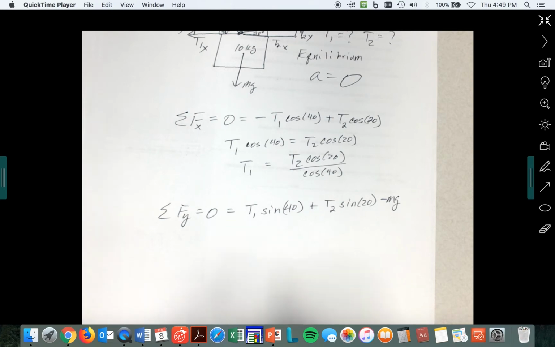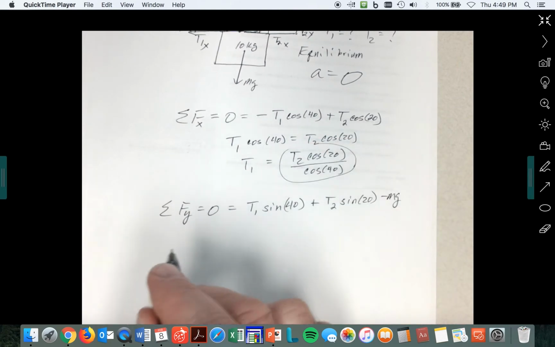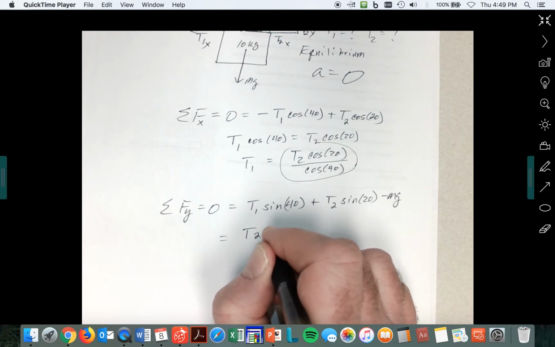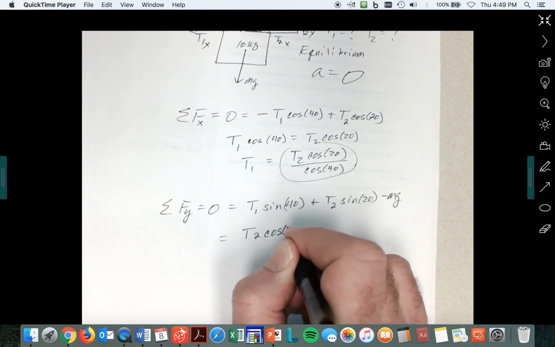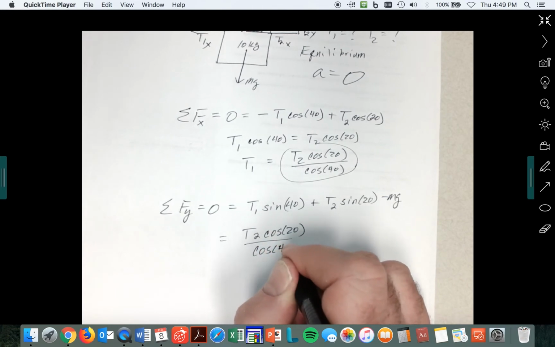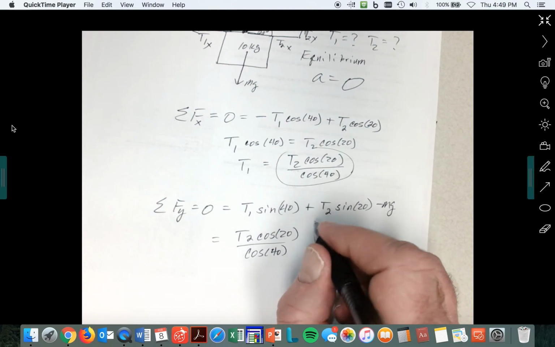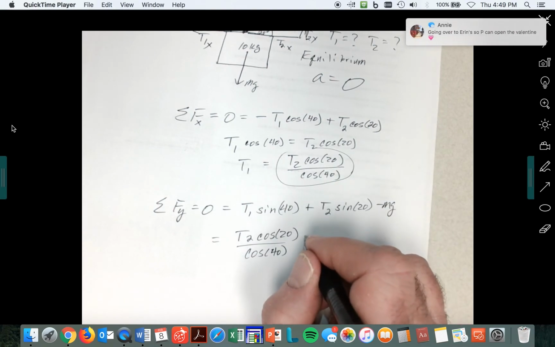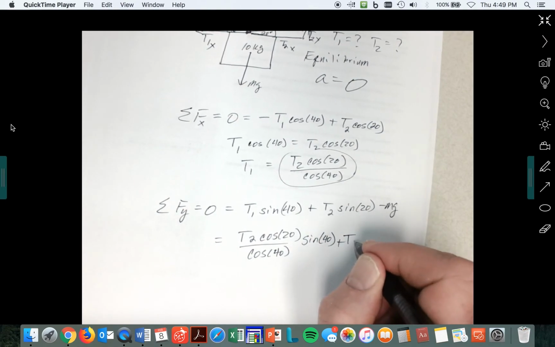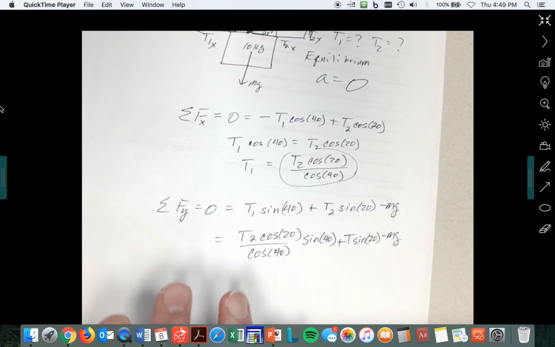So here we go. I know that T1 is equal to this. So T2 times the cosine of 20 divided by the cosine of 40 times the sine of 40, plus T2 sine of 20, minus mg. These are just numbers.